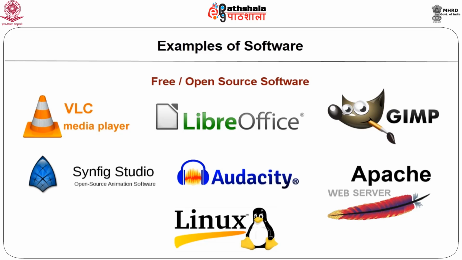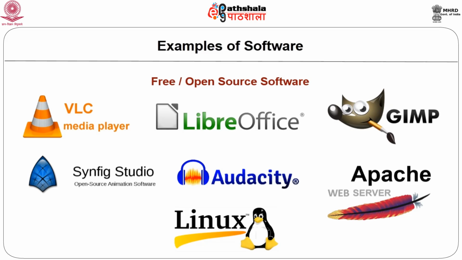Another open source software is LibreOffice or OpenOffice. These are alternatives to Microsoft Office, and they are also open source. You can download them free of cost, install them, redistribute them, and also modify the source code by downloading it from the internet.